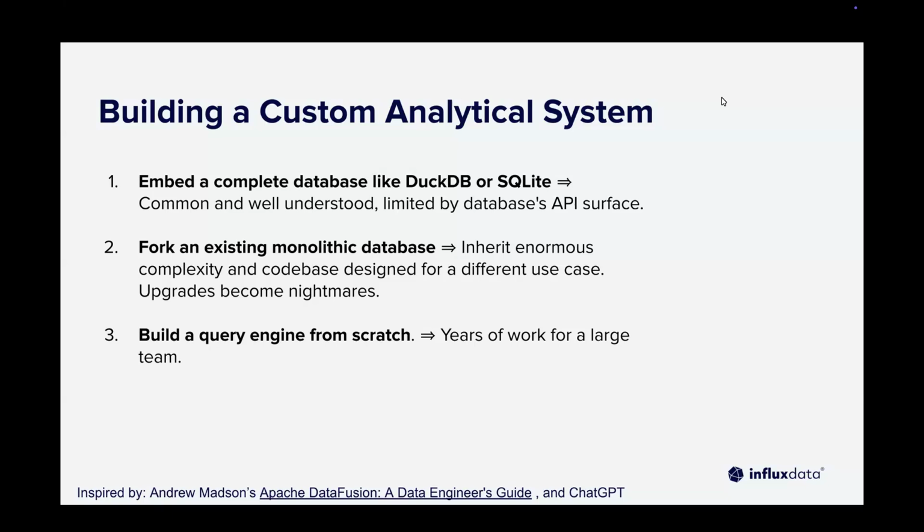Another option is you can take an open source database, which most of the popular ones are, and you can fork it and keep your own modifications. The challenge with that is, and there are several people on DataFusion that have tried this approach and eventually gone back, maintaining that fork over the long term as upstream changes is really, really challenging, typically if you want to make deep changes to your database.